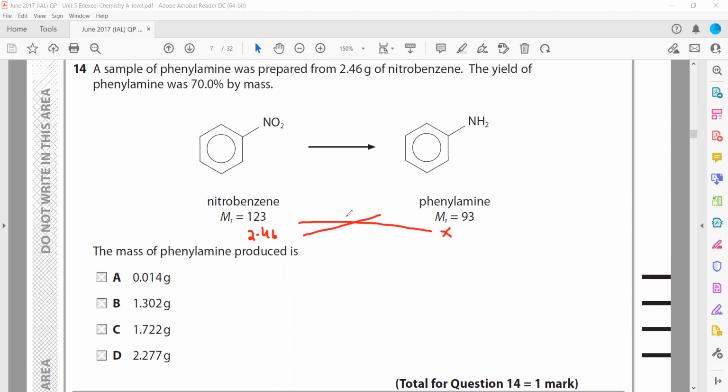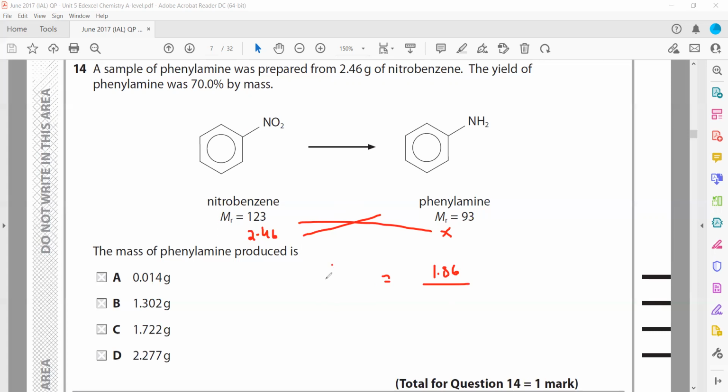So 93 times 2.46 divided by 123. We should get 1.86. That's the theoretical value of the product.